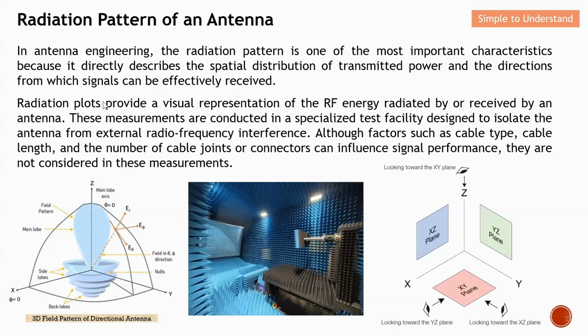The radiation plot provides a visual representation of the RF energy that is radiated by, or received by, an antenna. These measurements are conducted in a specialized test facility designed to isolate the antenna from external radio frequency interference. You can see that this is an antenna chamber.